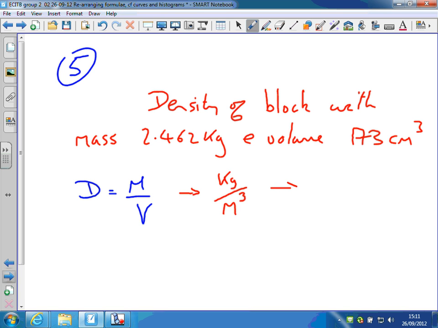Or I measure the mass in grams and the volume in cubic centimeters. So the density is in grams per cubic centimeter, and so on. Those are two very common units for density. What we don't tend to do is mix these, kilograms per cubic centimeter or grams per cubic meter. We tend to stick to these two units.